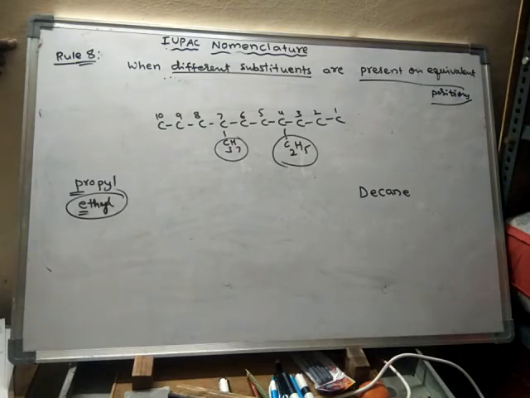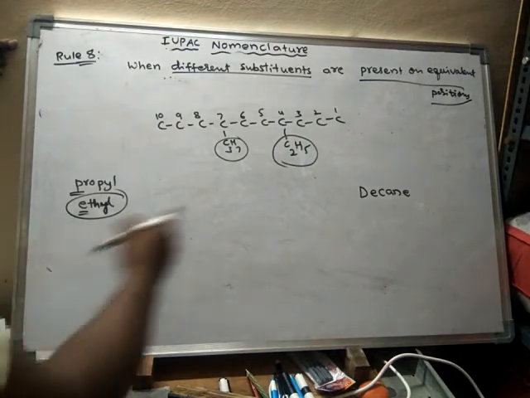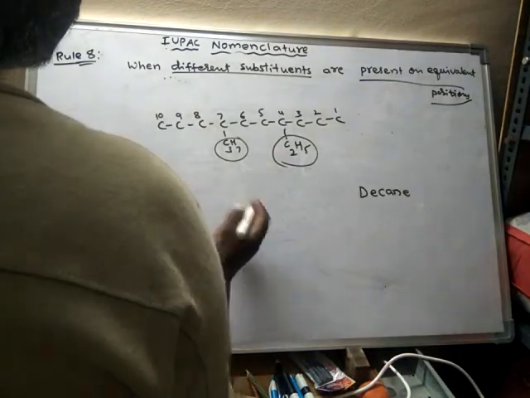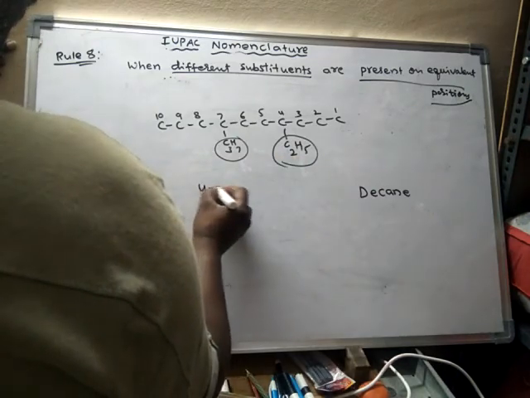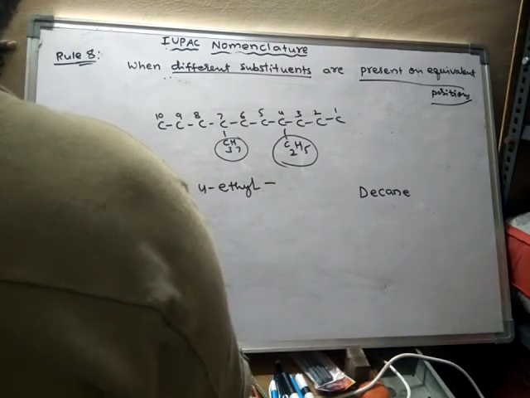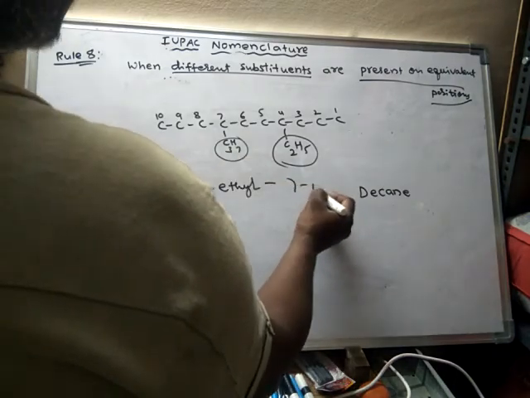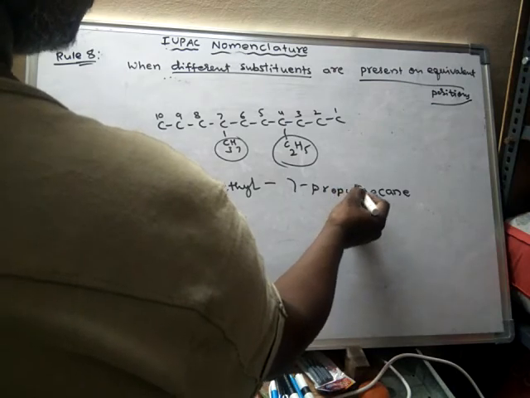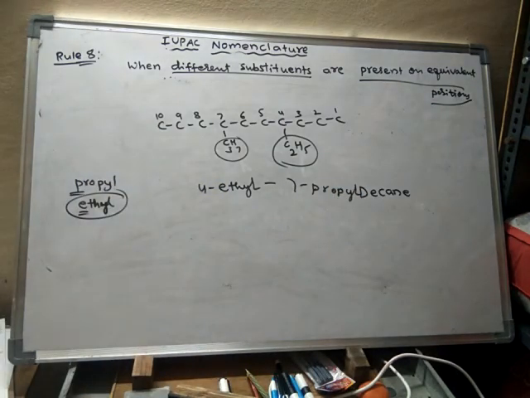So here ethyl will come before propyl. So ethyl should be written first, on the fourth carbon: 4-ethyl, and 7-propyl. 4-ethyl-7-propyldecane is the correct name of the compound. Like this, the name of the compound should be written.